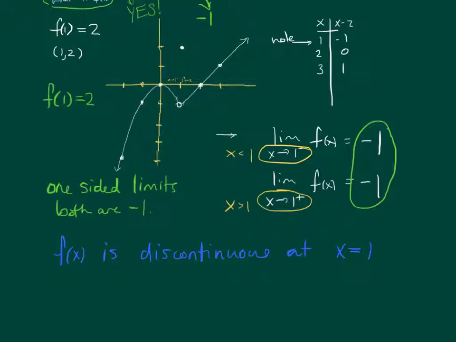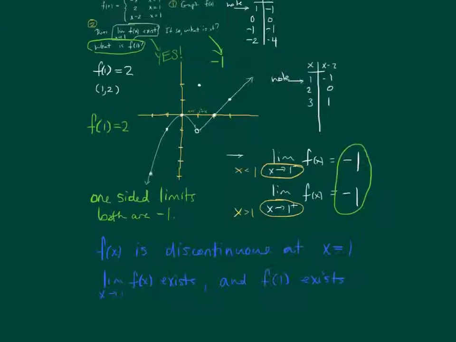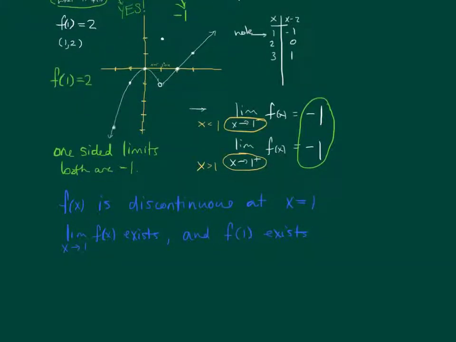And the reason why is that the limit as x goes to 1 of f of x exists, and f of 1 exists. Those are 2 of the 3 criteria for continuity, which we haven't even talked about, but I'm throwing this out as an example just so you can see the words being used in conversation.